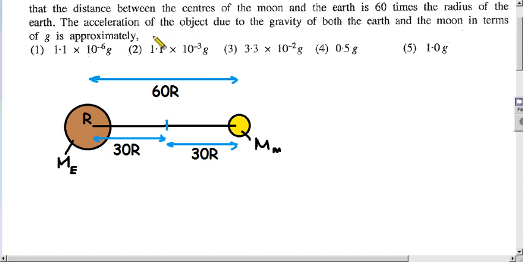What they want us to find is the acceleration of the object due to the gravity of both Earth and the Moon in terms of simple g. So the celestial object is kept here. The acceleration they want is simple g, not simple a, because this acceleration is due to gravity.